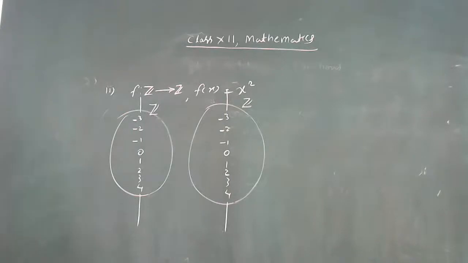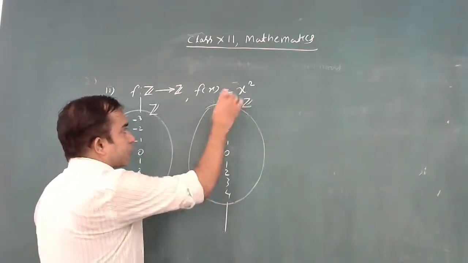Shall I assign the images? 0 goes to x square, right?